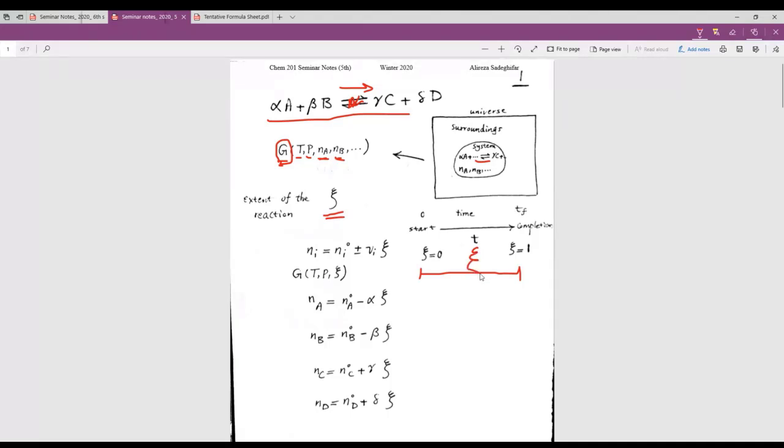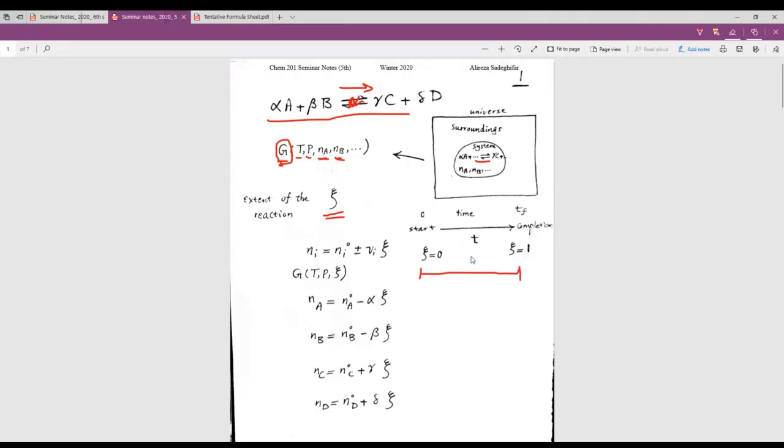Xi is shown by this Greek letter, called xi. It's awful because I'm using a mouse here, I'm sorry, but it's denoted by this letter. Xi for this reaction at the start is 0, because we haven't initiated the reaction, so it shows the advancement of the reaction. At the end of the reaction, it is complete, so it is 1.